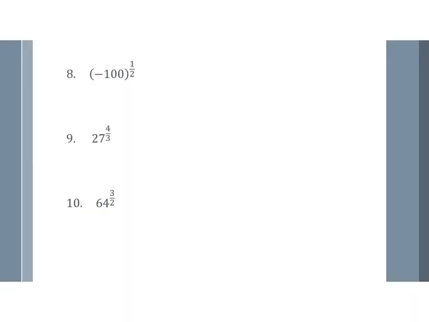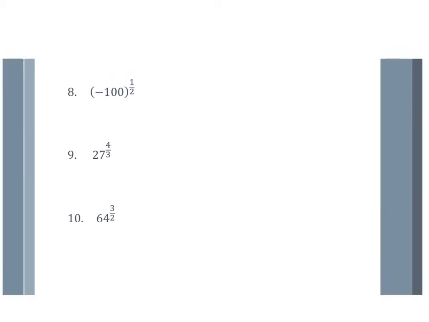The next example is the trick. Notice this time, I just did this problem. I did negative 100 to the 1/2 power with no parentheses. Whenever you have a parentheses around a negative integer, and you're trying to do a square root or a 4th root, right now, for us, we can't do it. And that's going to be your answer. Okay, we're going to learn later on that this answer is going to become 10i.